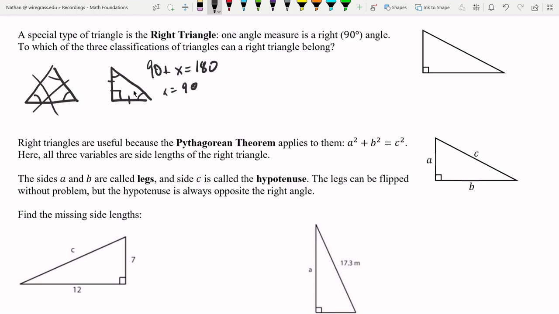These 2 have to be the same angle, and they have to add up to 90 degrees. Therefore, if this was y, y would have to be 45. So a 45, 45, 90 degree triangle is an isosceles triangle and a right triangle.